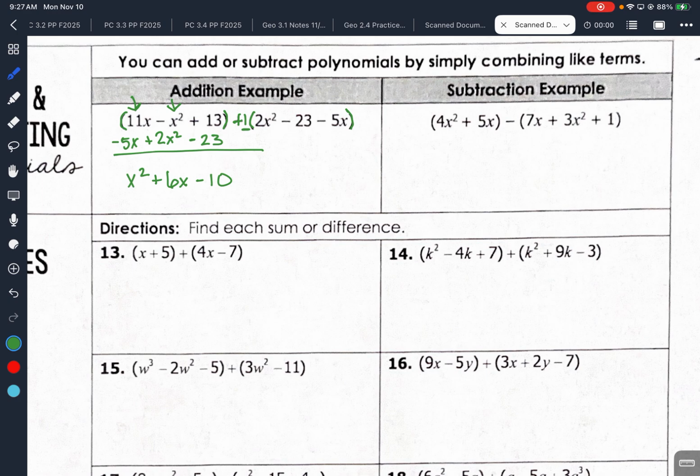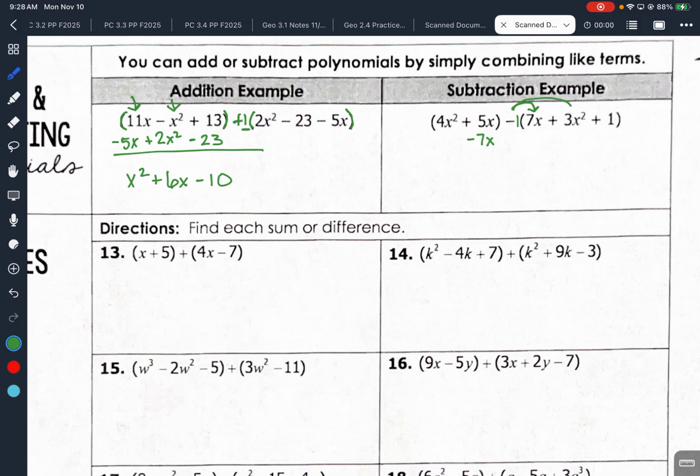Okay, so the next one we have subtraction. So what's in front of this second one? A negative 1. Does this matter? Yeah, because it changes the sign of everything. Because if it was a negative, it now will be a positive. So when I take negative 1 times 7x, it's negative 7x.